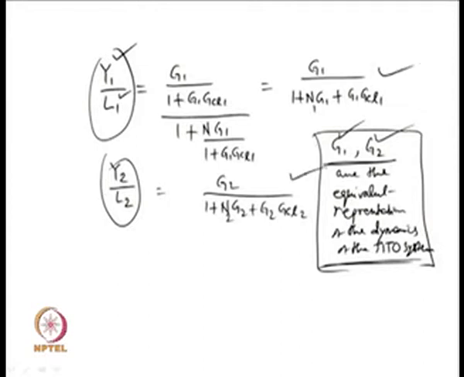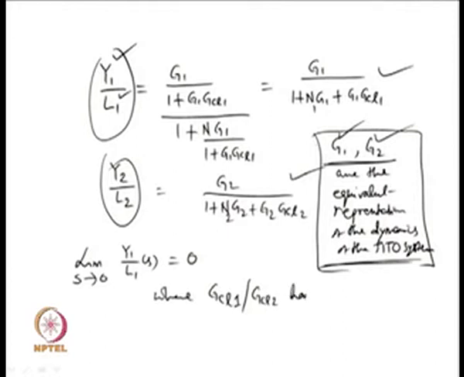So, why am I expressing this? The reason is that if you find the steady state values of the output corresponding to the static load disturbances, limit s tends to 0 of y1 upon L1 will give you 0 when the controllers G_CL1 or G_CL2 have integral action or integrators. When the controllers have integrators, basically one s will appear in the numerator.